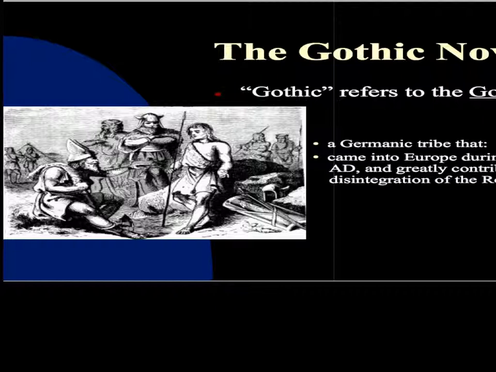The Goths were a Germanic tribe that were credited with giving the Roman Empire the final blow before it crumbled. So think about the significance of the Visigoths, or the Goths, to world history, and what time period they helped to usher in. And we'll discuss that in class.